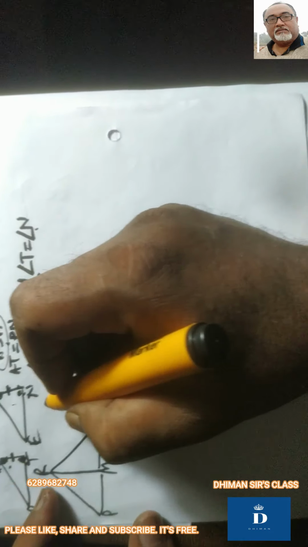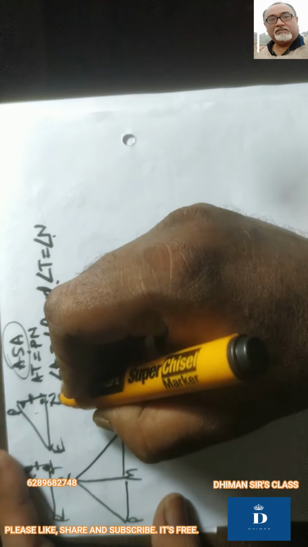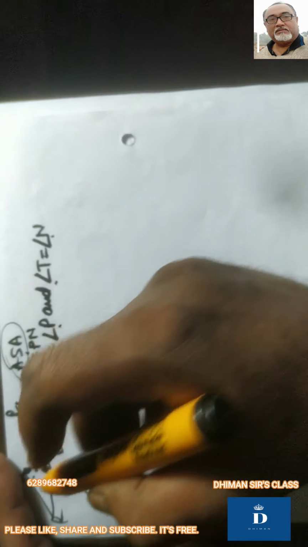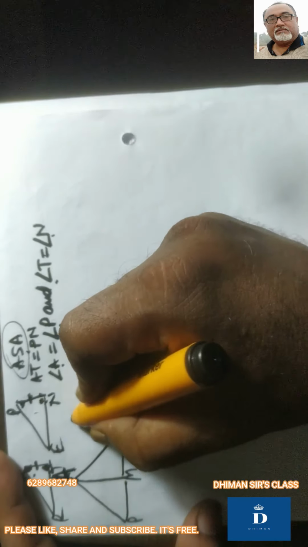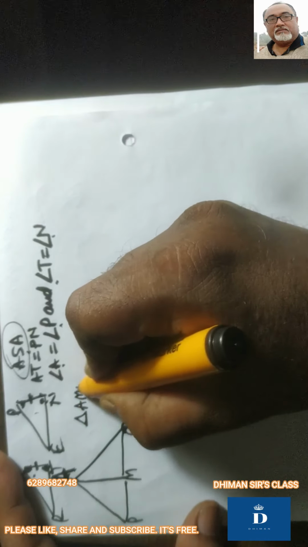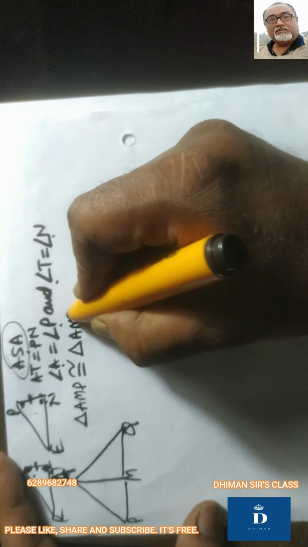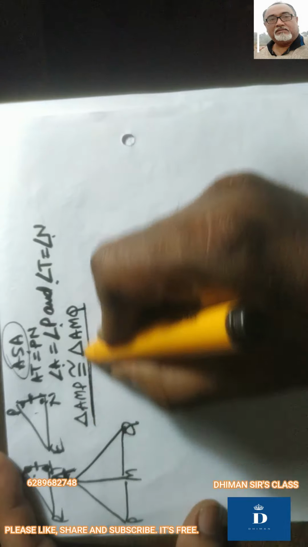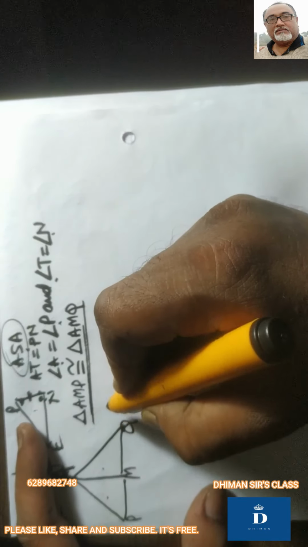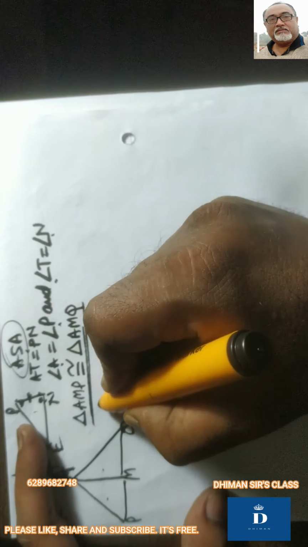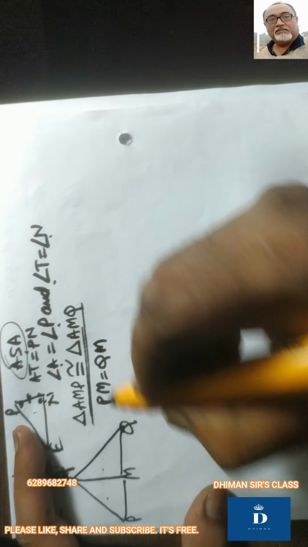Now, if you have to show that triangle AMP is congruent to triangle AMQ, it is given. These two triangles are congruent. Now in that case, PM is equal to QM.